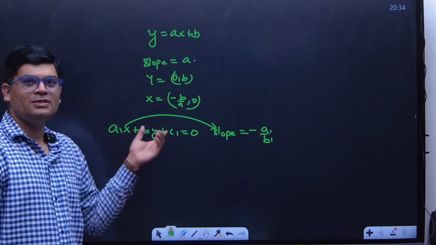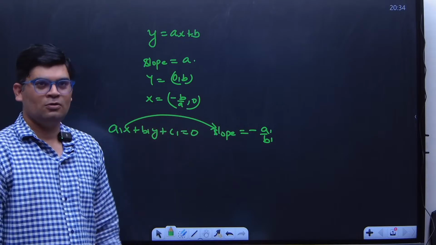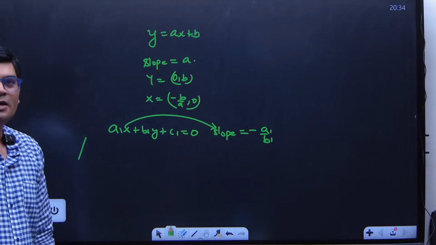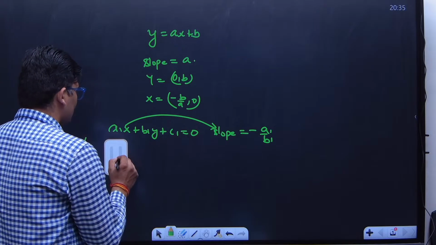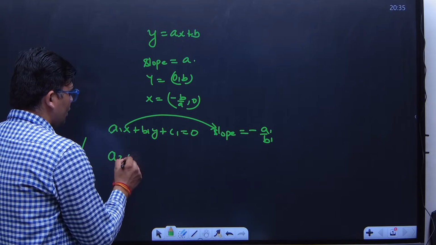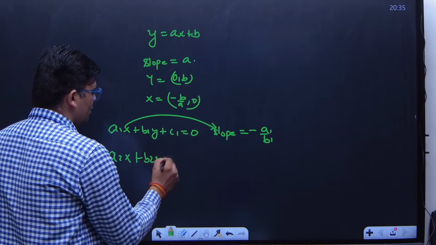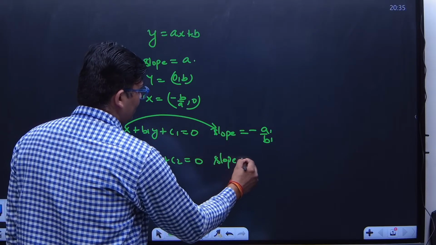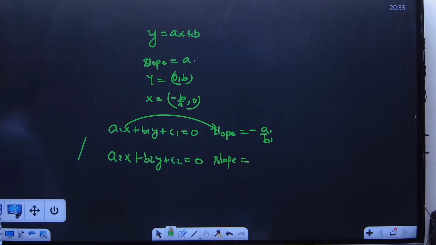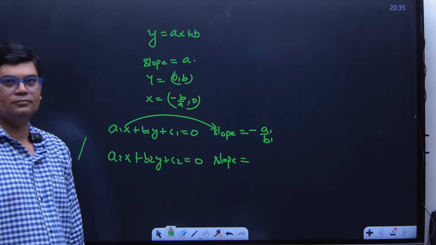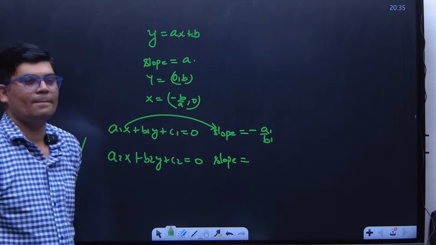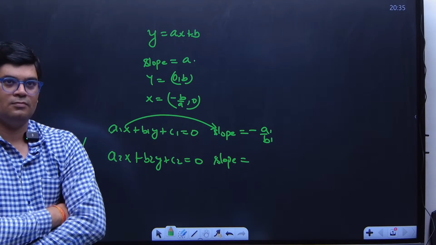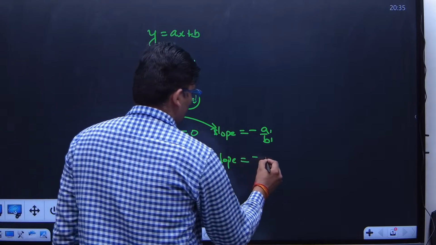I will take a1x and c on the other side and take b1 below. If I have to write this equation in this form, the slope is going to be minus a1 upon b1. And then a2x plus b2y plus c2 is equal to 0. Can you tell me the slope of this line? It is minus a2 by b2.